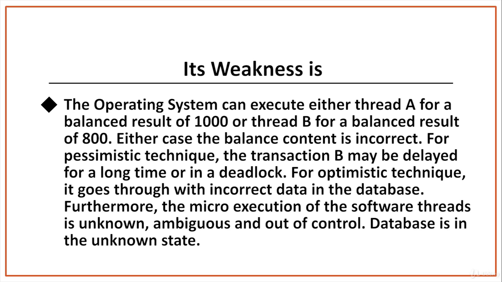For the pessimistic technique, transaction B may be delayed for a long time or be in a deadlock. For the optimistic technique, it goes through with incorrect data in the database. Furthermore, the micro-execution of the software threads is unknown, ambiguous, and out of control. The database is in an unknown state.